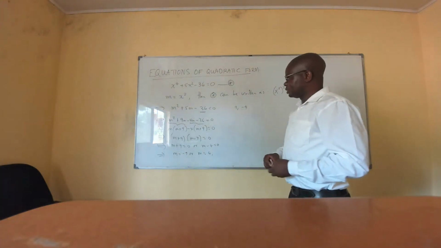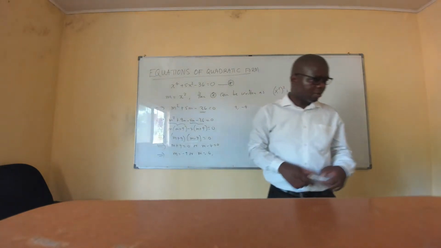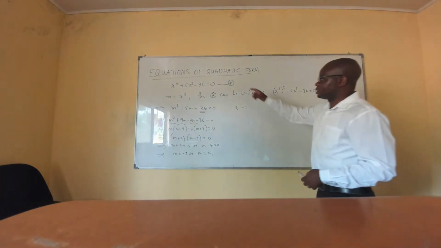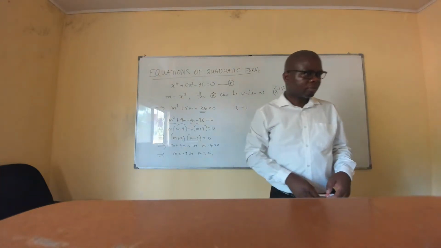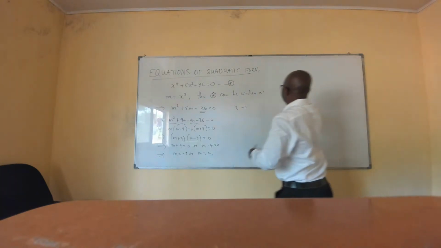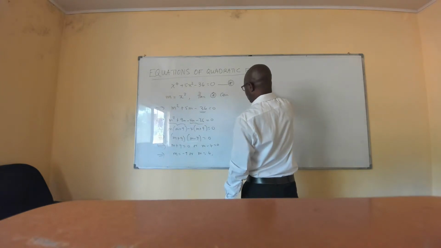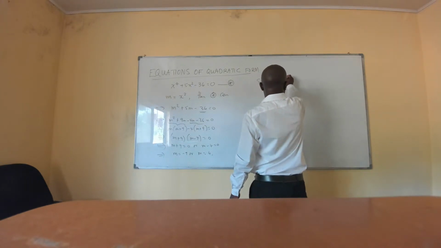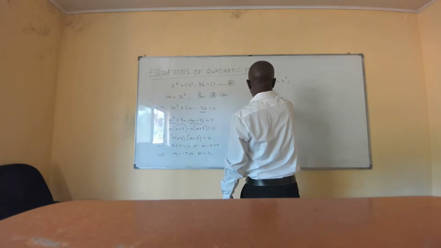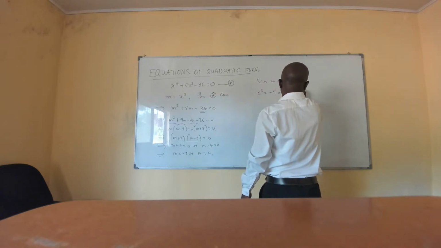But remember, this is a quadratic equation in m. Our original equation is in terms of x's, so we have to go back and work this out in terms of x's. Since m is x to the power 2, we have x to the power 2 is minus 9 or x to the power 2 is 4.